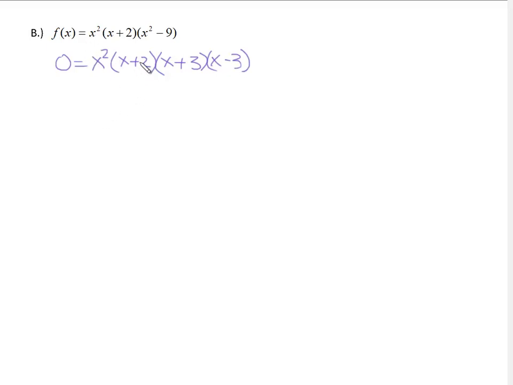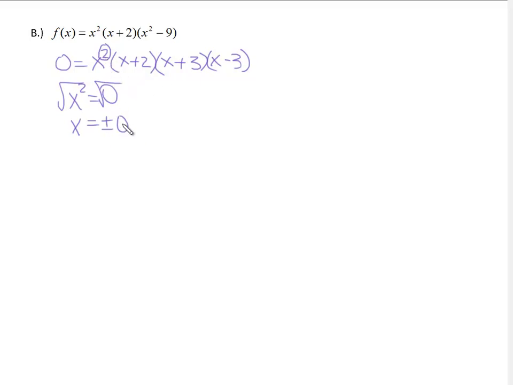To find all of our zeros, we set x squared equal to 0. Remember when we're solving that, we're taking the square root, but this also tells me there are 2 zeros hidden in this factor. Here we would do plus or minus, which shows that there are 2 zeros there. Whatever this exponent is will tell us how many zeros are hidden in that factor. So we get 2 zeros.